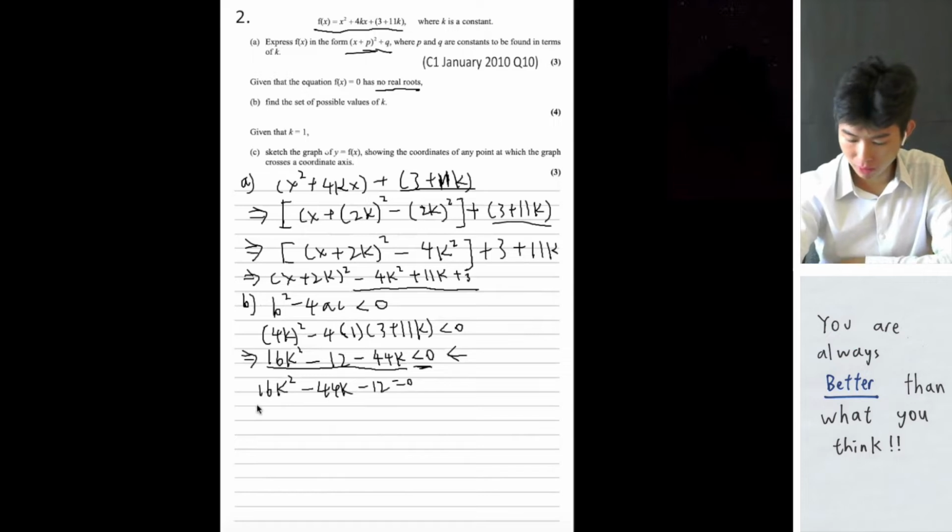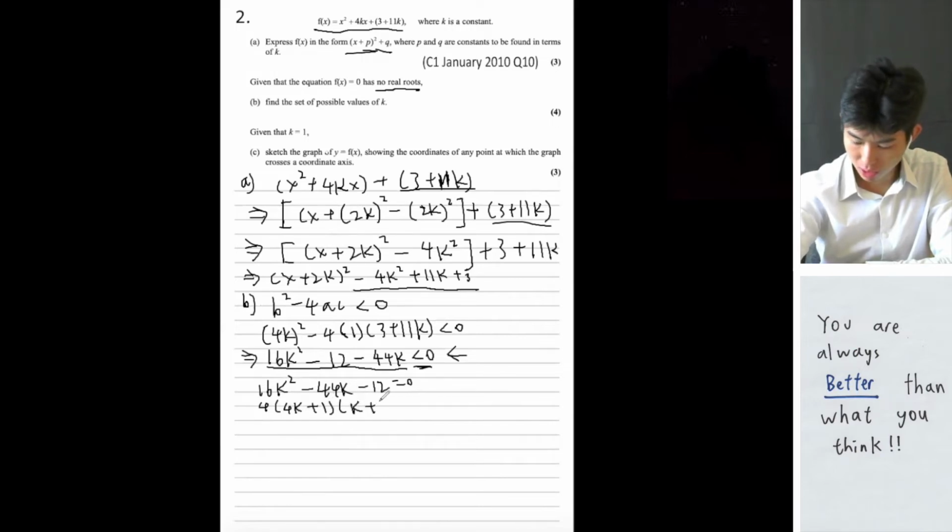The next step would be 4 times (4k plus 1) and another bracket of (k minus 3) equals 0. So you can immediately know the critical values of k would be minus 1 over 4 or 3. I mean, this one should be negative 3.